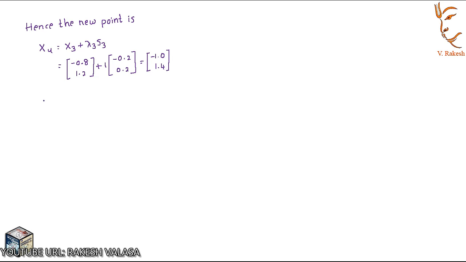Next, calculate delta f of x4. Step 3 is delta f of x4. Now substitute this x4 y4 in the delta f equation, we get minus 0.2, minus 0.2. These values are not equal to 0. So x4 is not optimum. So move to the next iteration, that is iteration number 4.